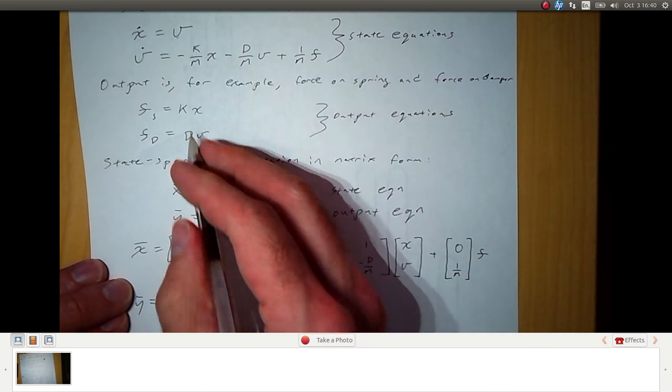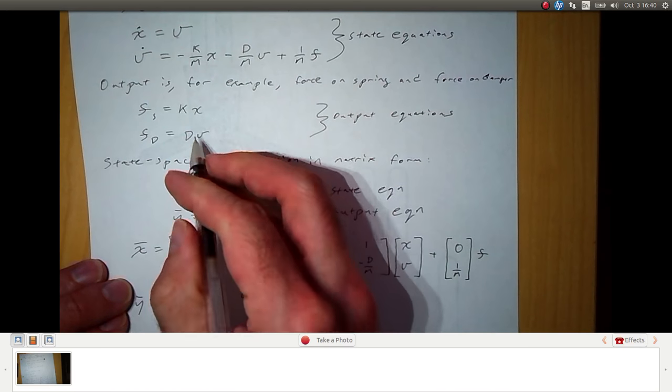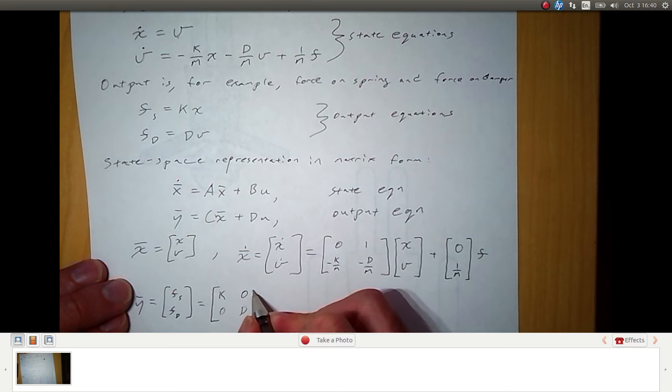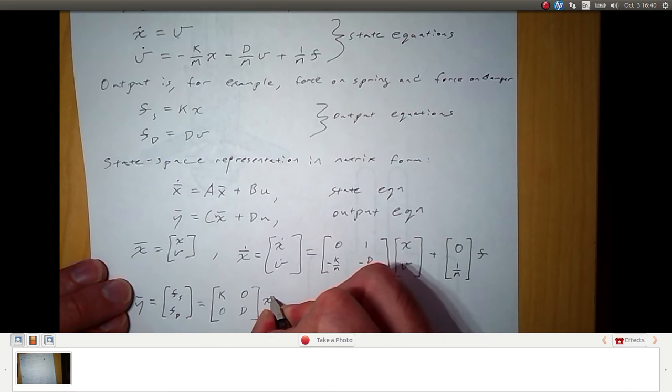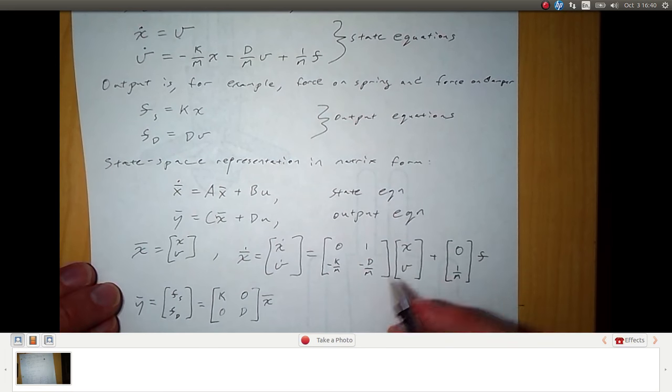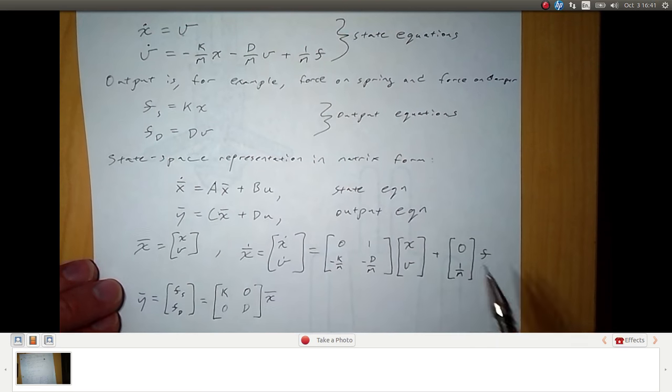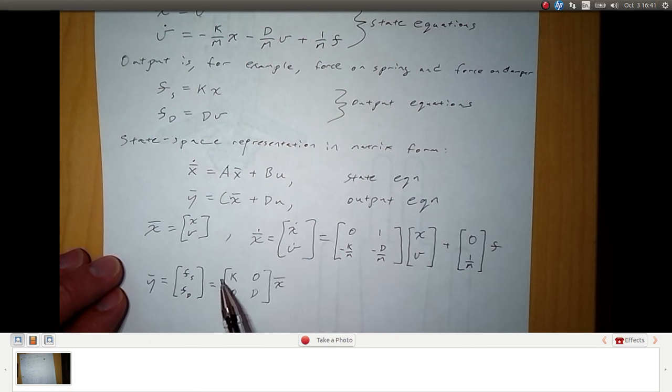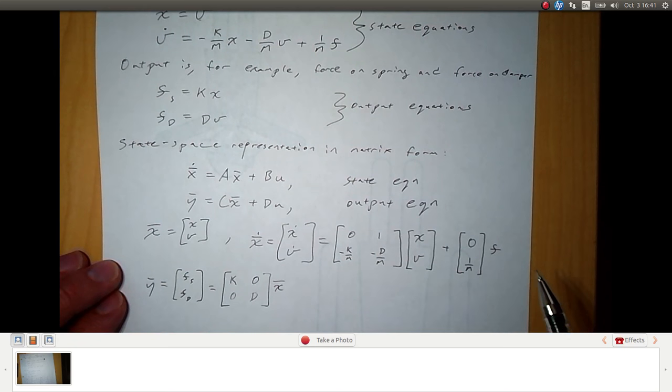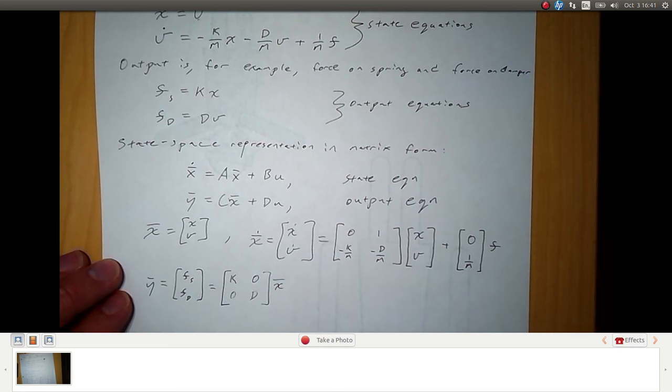So for the first equation we have k and 0, and the second we have 0 and d. So we multiply that by the state vector and you end up with the output equations. So here is our state space representation for the spring mass damper system, where our outputs are the spring force and the force on the damper.